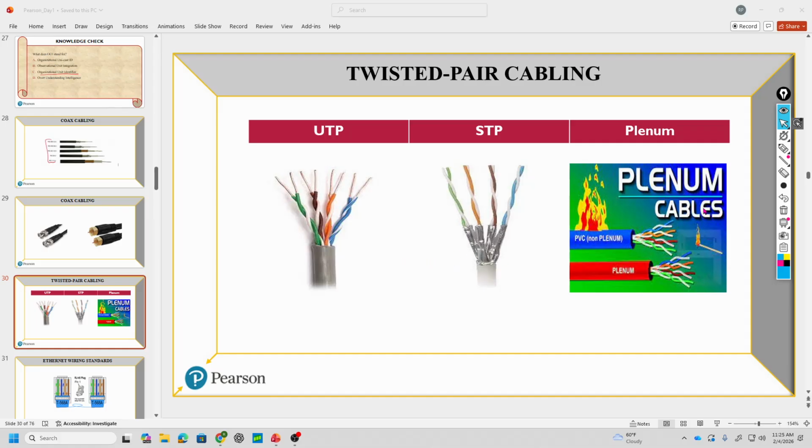And then there's what's called plenum. Now plenum, most cables, UTP and STP, they use PVC, or i.e. plastic, if you will, coating. And it burns really, really well and fast, and is toxic to you and me. It'll kill you if you breathe it. Plenum is not like that.